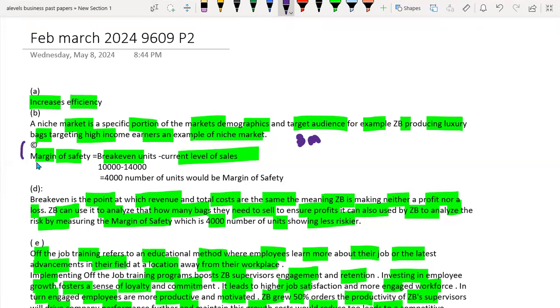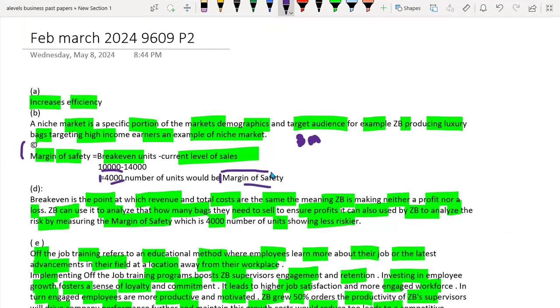And in the C part, we have to calculate the margin of safety. This is the formula of margin of safety: current levels of sales minus break-even units. So 14,000 minus 10,000 would give us 4,000 as the answer for the number of units, which would be the margin of safety.